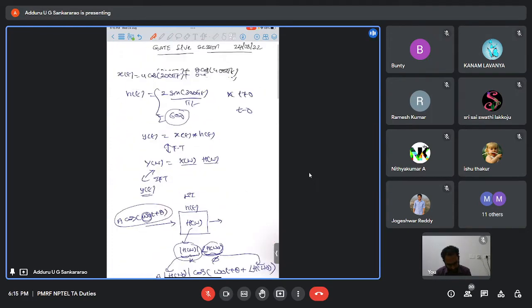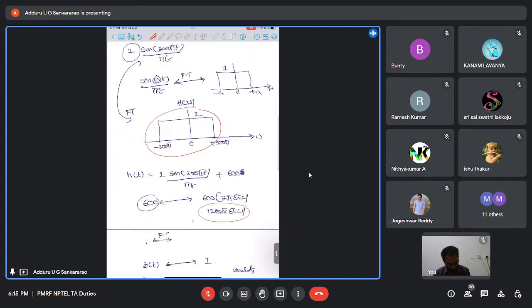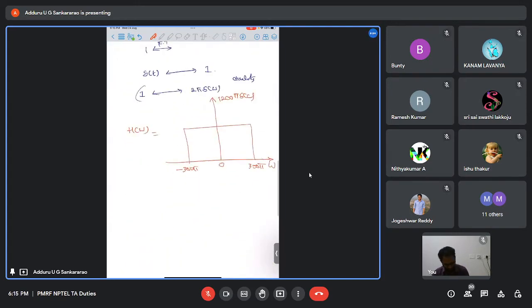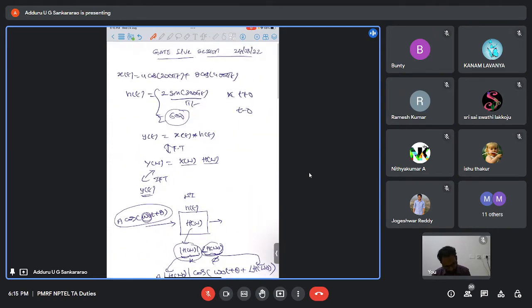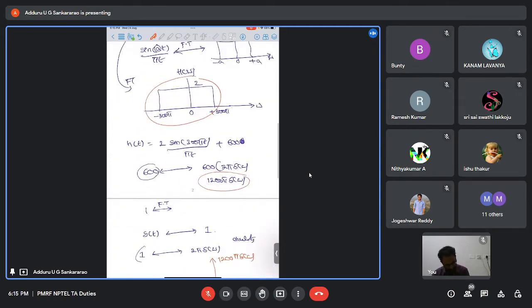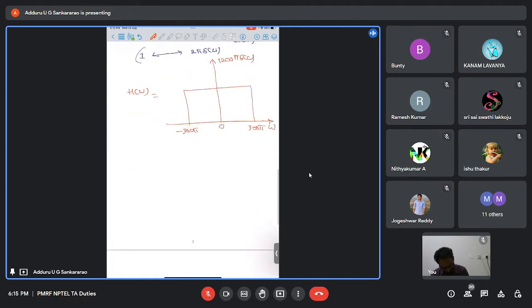Now if the signal is passed through this, what will happen, we'll see now. The signal given is x of t equal to 4 cos(200 pi t) plus 8 cos(400 pi t).